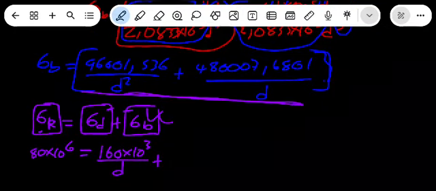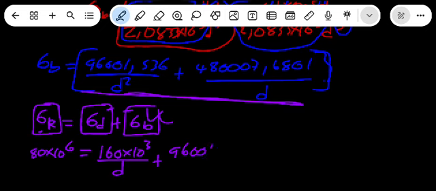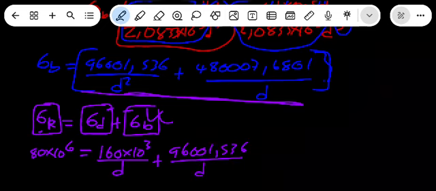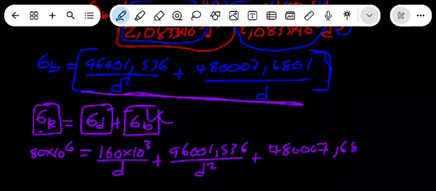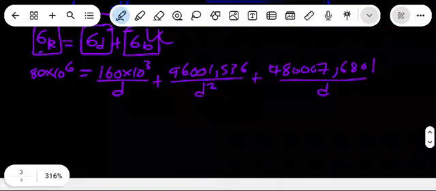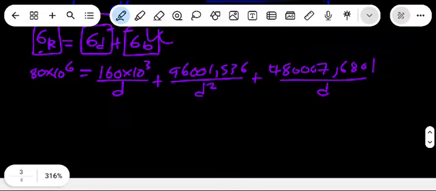So plus 96001.536 divided by d squared plus 48007.6801 divided by d. All right, so this is what we have now.